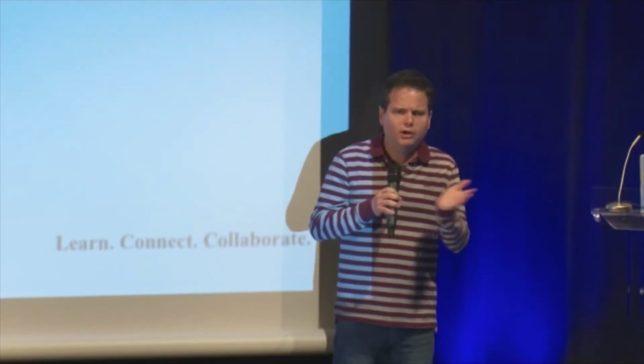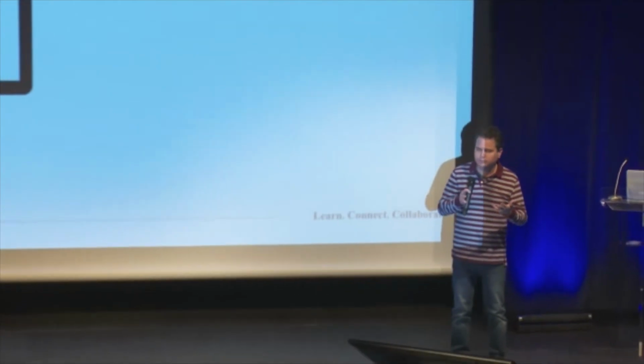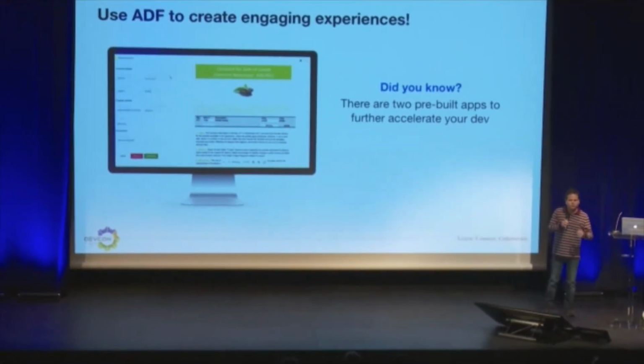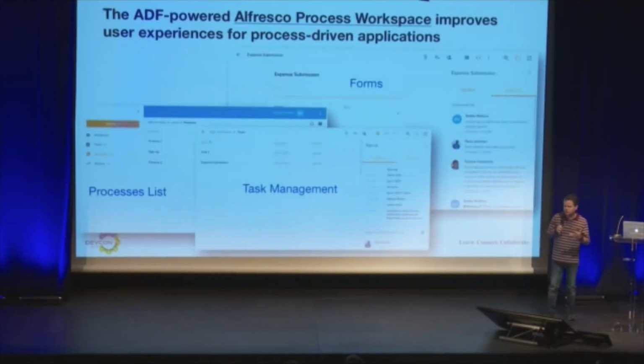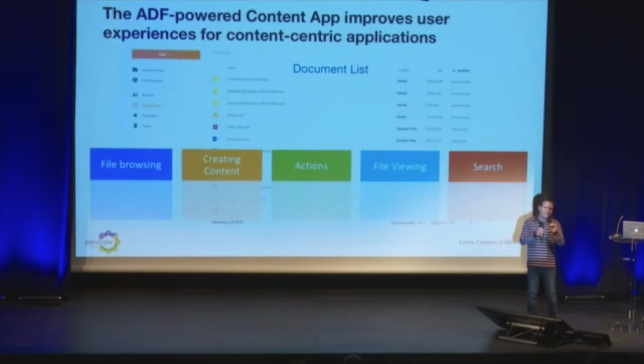The first thing, of course, we all know that ADF is about creating engaging experiences for your customer solution. However, there are use cases where there are pre-built components and solutions that you can take advantage of. One is Alfresco Process Services and the Process Workspace. This is going to be available in Alfresco Process Services 1.8, which will be released at the end of this month.